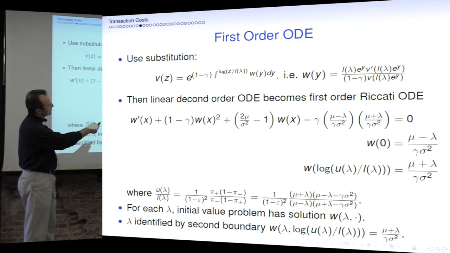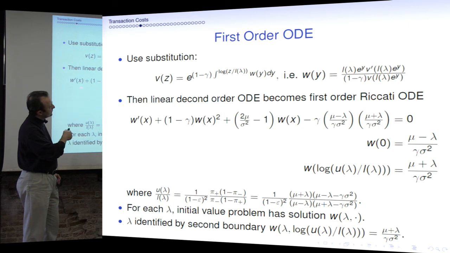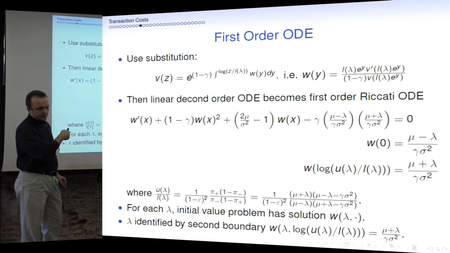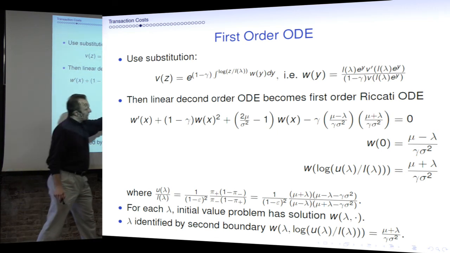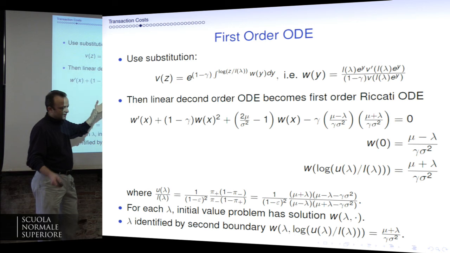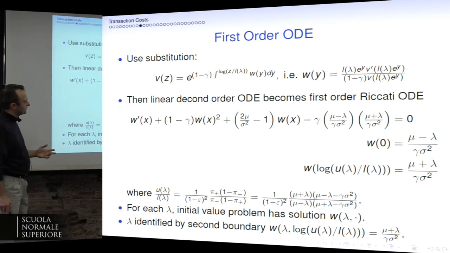Because this solution will not be very explicit. This ODE, actually, you can solve explicitly. It's a Riccati type of ODE. When you solve it explicitly, you will get some function of lambda, but when you match this boundary condition, you will get some transcendental equation which you cannot solve explicitly.